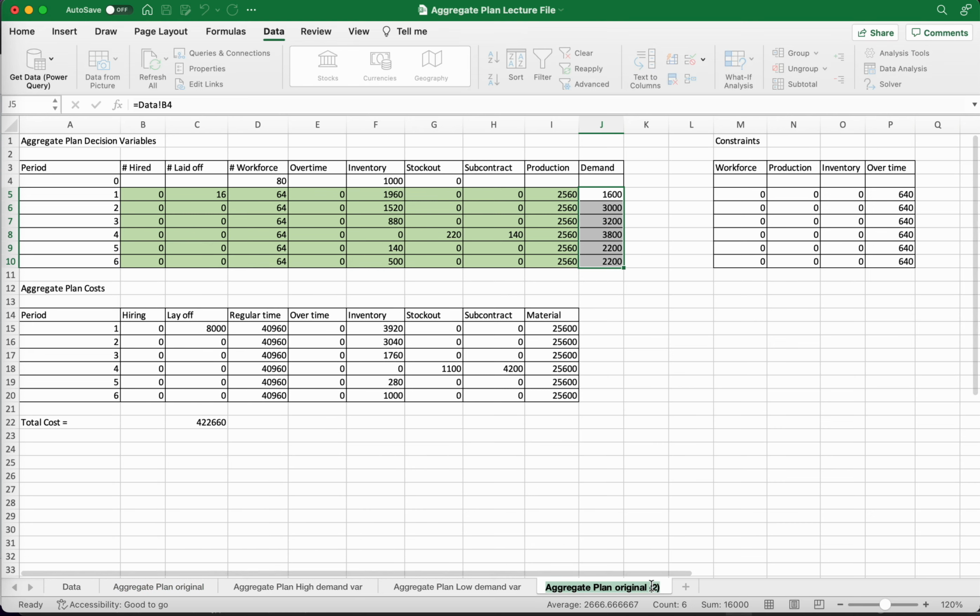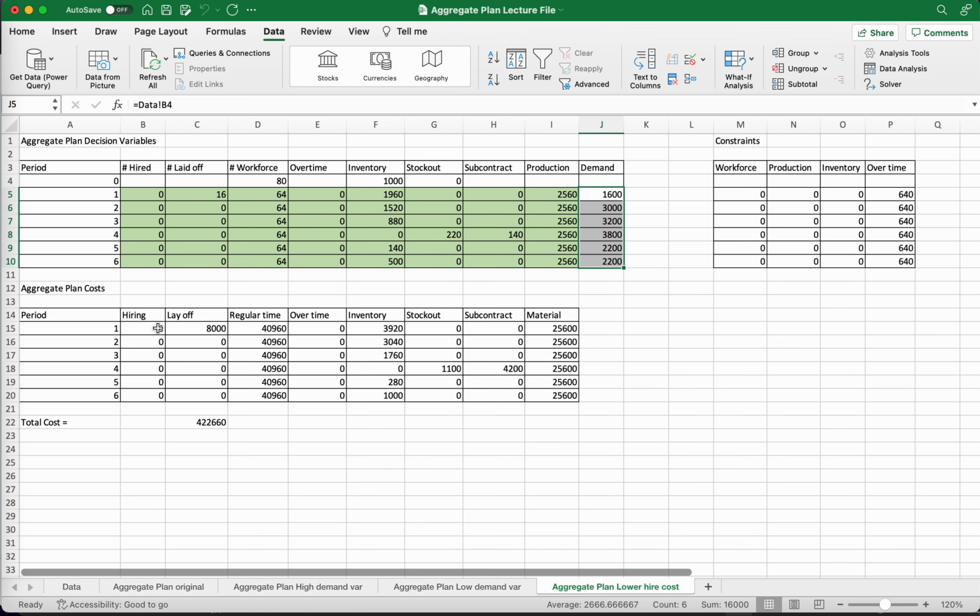This is an aggregate plan with lower personnel cost, lower hiring cost. This is where the hiring and layoff costs are.